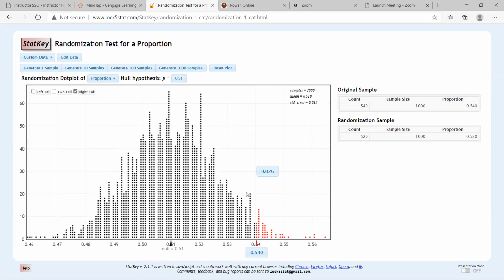And the reason for that is the sample statistic is sufficiently far away from 0.51 that the p-value, the area to the right in this case of the sample statistic, is less than our alpha. Remember what alpha is.